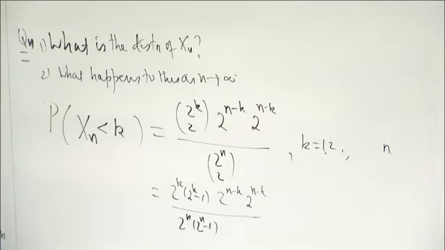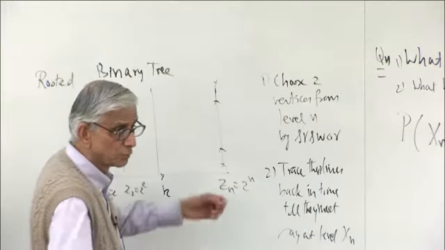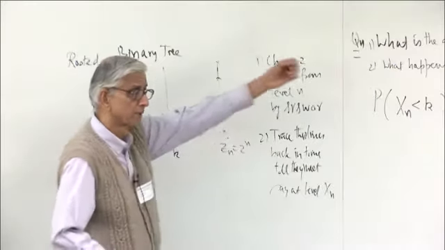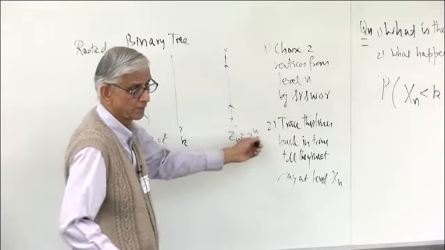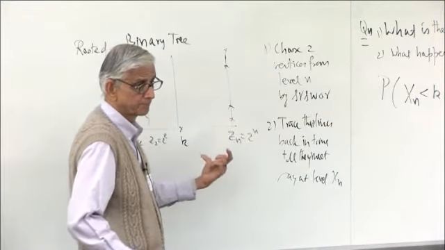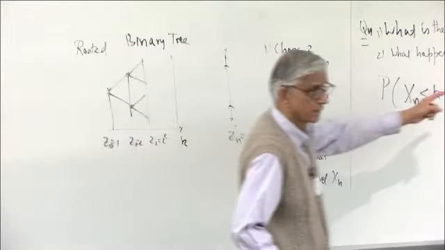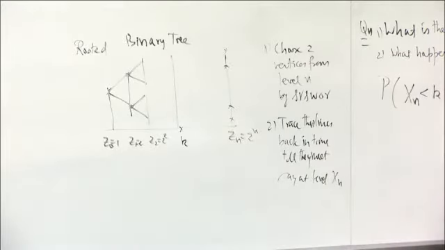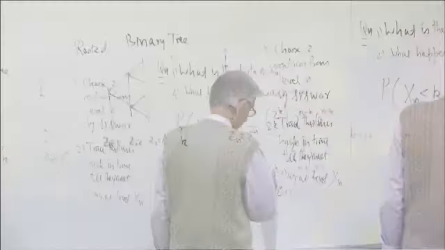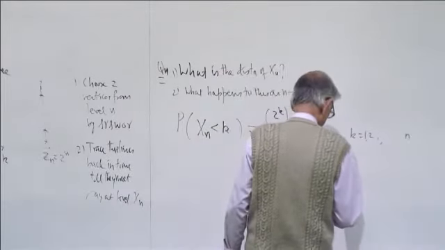So what I do is I go to level k. There are 2 to the k vertices, and I choose 2 of those, and I look at the number of descendants at future time n, which is n minus k. So that's what this calculation is. But this is equal to, I can pull out the 2 to the k from here, so it's 1 minus 2 to the minus k.